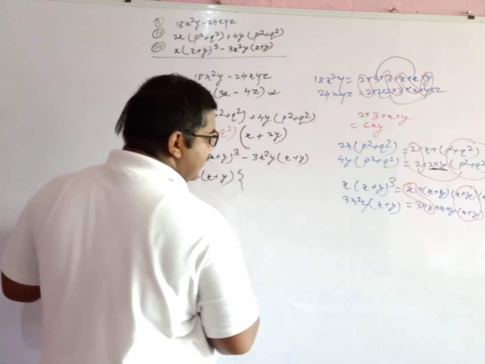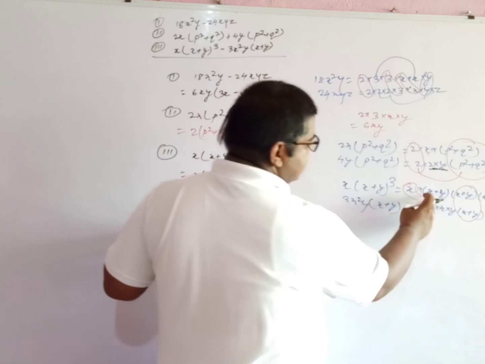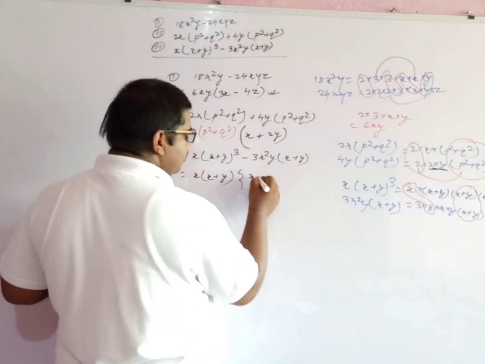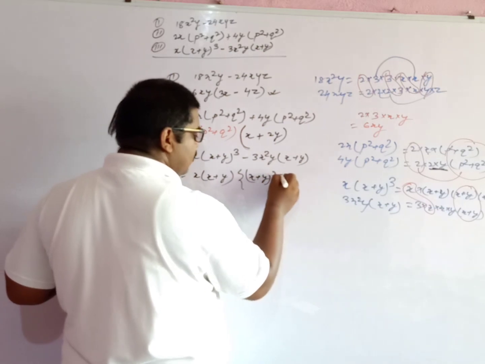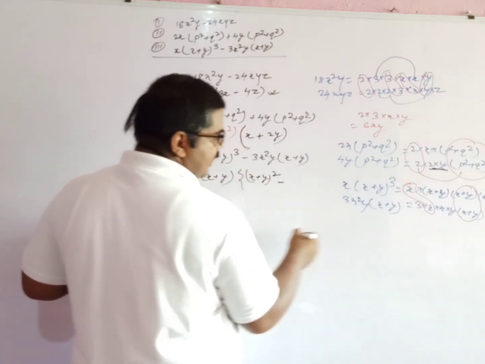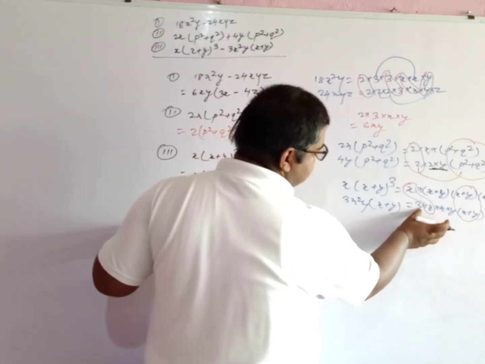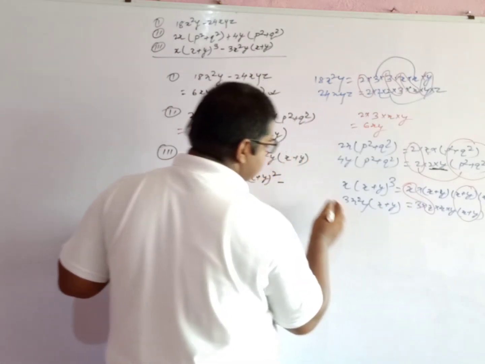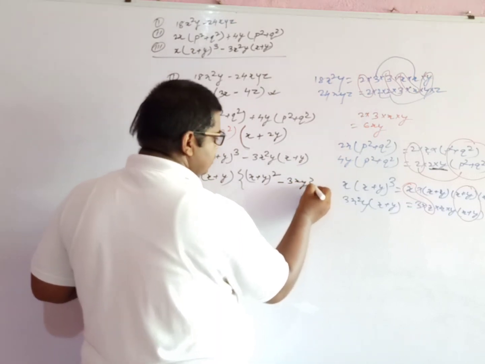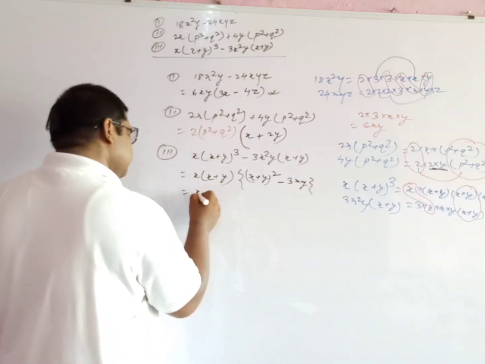And what is left in the first one? (x plus y) into (x plus y). So you may write (x plus y) whole square minus, because there is a minus sign. And what is left in the second? 3xy. So you write down 3xy. You may go further.